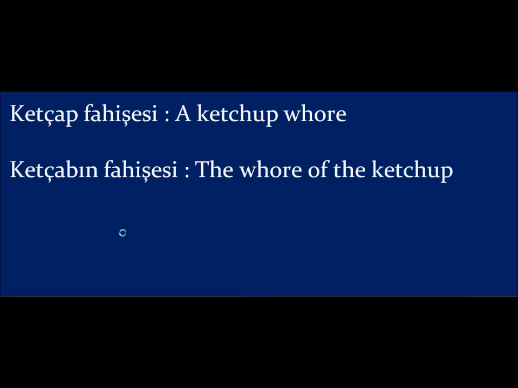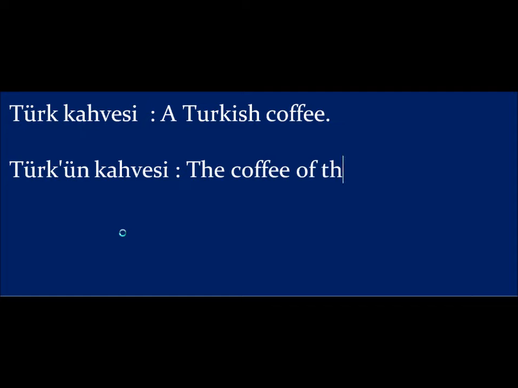You see here the ketchup is definite, so that will be the difference. And the same thing with Türk kahvesi. Türk kahvesi means a Turkish or Turkish coffee. Türk'ün kahvesi would mean the coffee of the Turks maybe. So here the Turk would be definite because of the extra suffixes. Alright, that's the difference.